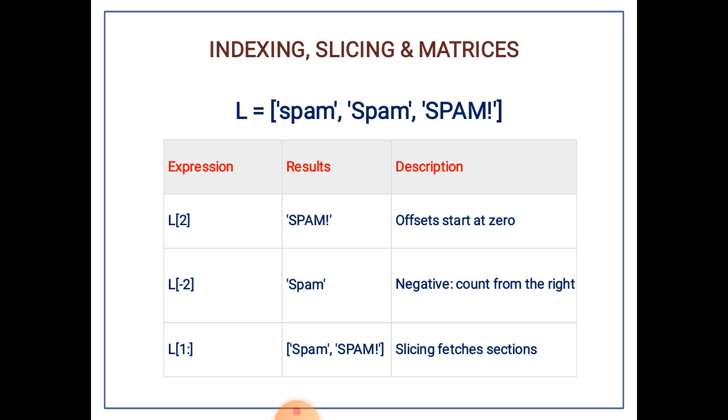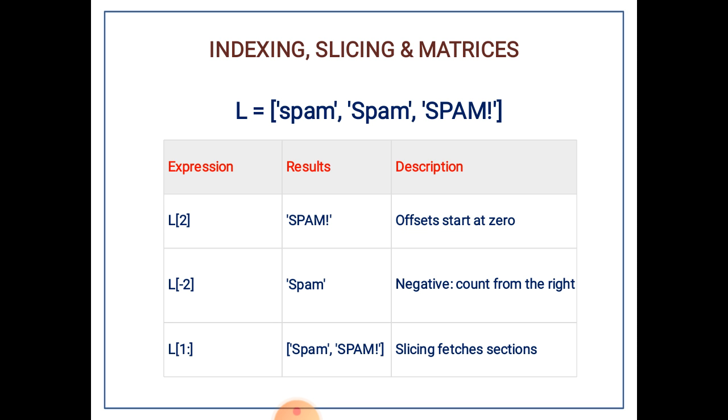All the spellings are the same, but the capitalization is different there. The first spam is in small letters, and the second spam, the first letter is capital, and the third spam, all the 4 letters are capital letters.